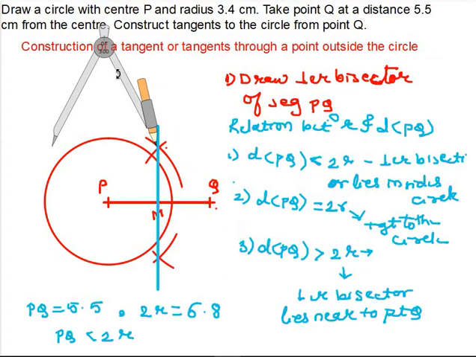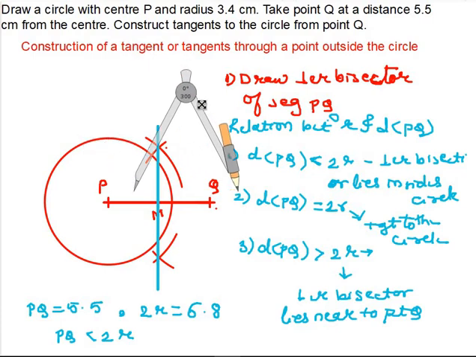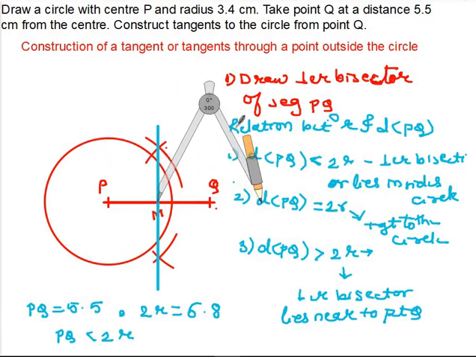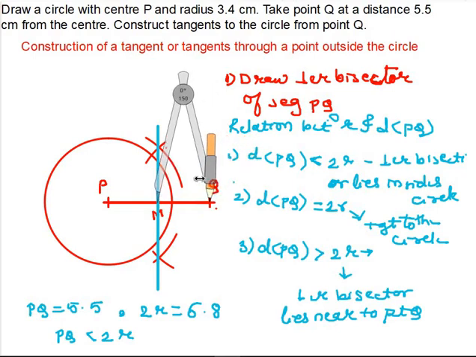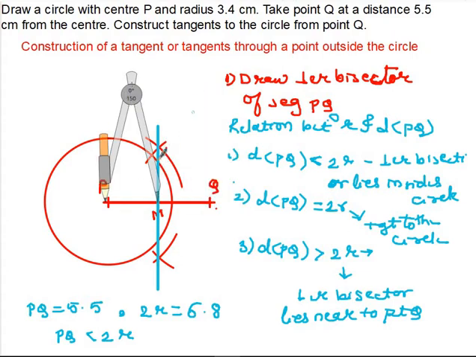Now what is the method? Keep the steel point on the point of intersection of PQ and our perpendicular bisector, which is point M, and this is point Q. So take distance MQ and check if it is equal to MP.